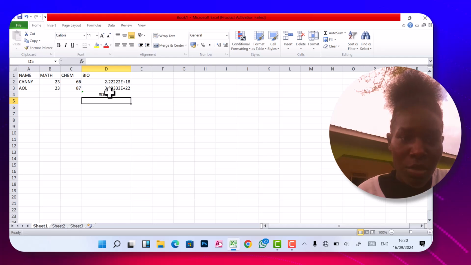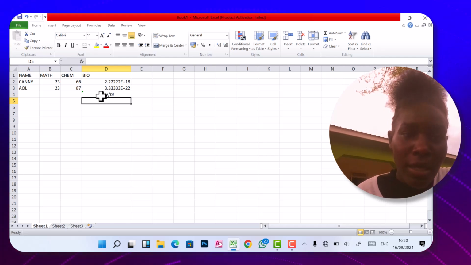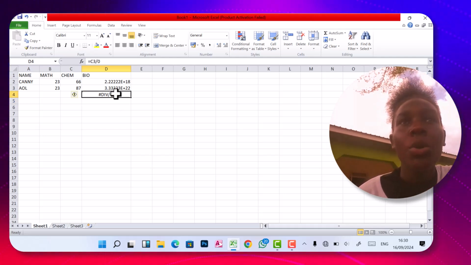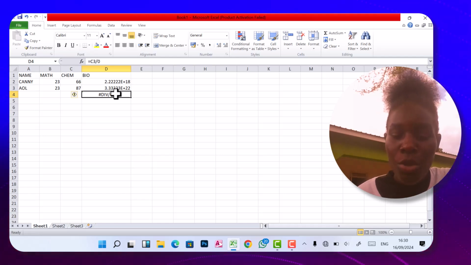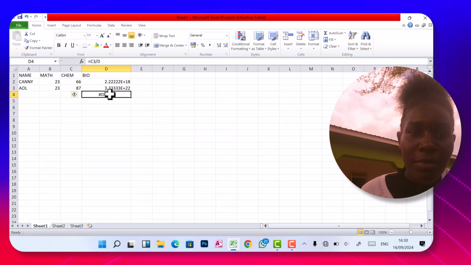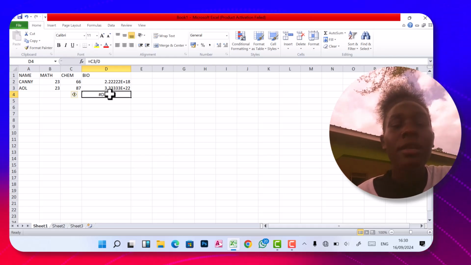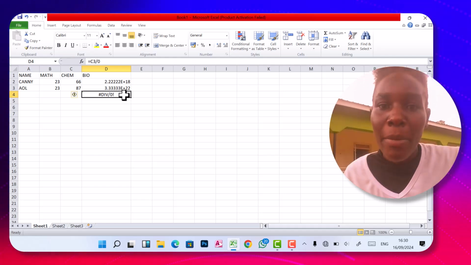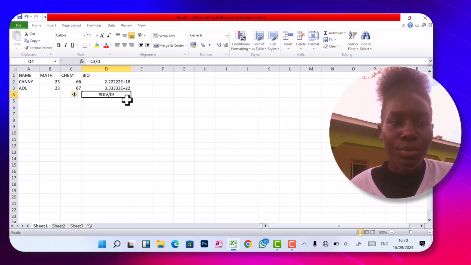You see, there is also this error. It is saying this hash divide by 0. It means that any number you divide by 0 can't exist. So you're supposed to rectify it. And how do you rectify it? Just be knowing at the back of your mind that any number you divide by 0 is impossible. So there is no number you can divide by a 0.